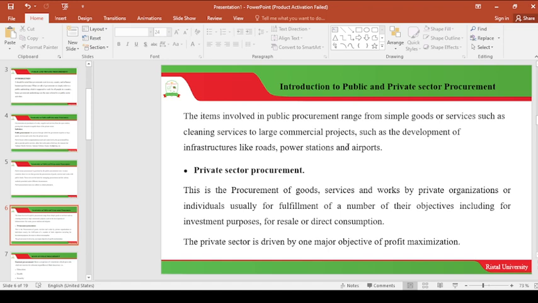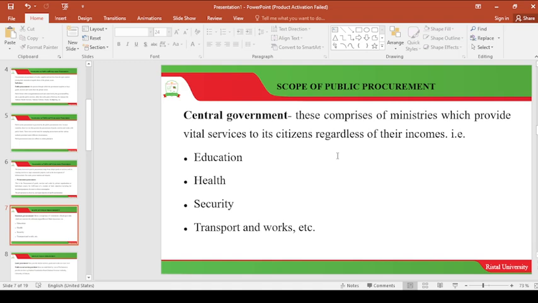They don't want to spend a lot of money when they are obtaining goods because this will affect their profit margin. Whereas that is not the same case with public procurement. Public procurement aims at providing services to its citizens, or providing services to the people.